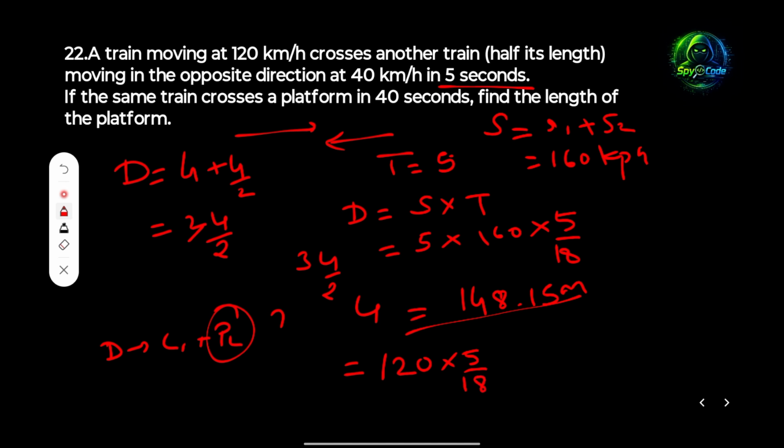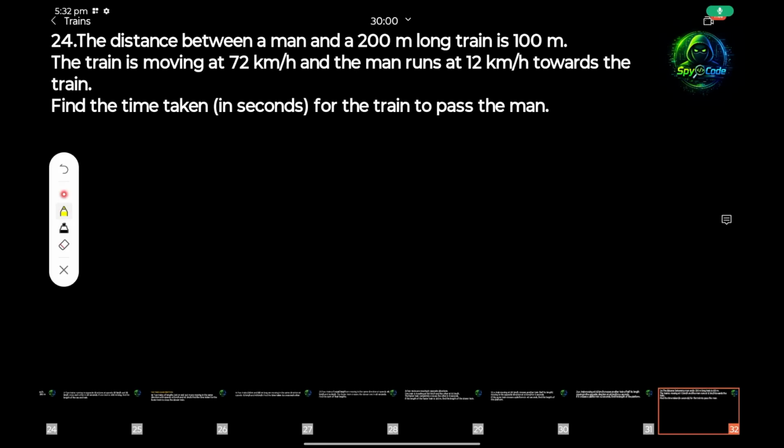Okay, into 5 by 18, which is meters per second, and the time taken is 40 seconds for the train to cross the platform. So length of train 1 is 148.15 plus x, the platform length. Okay, on solving this we'll get the platform length as 1185 meters approximately. Okay, this is the answer.